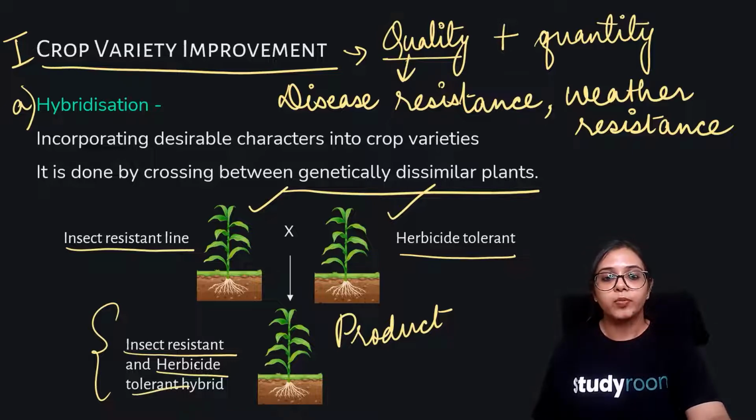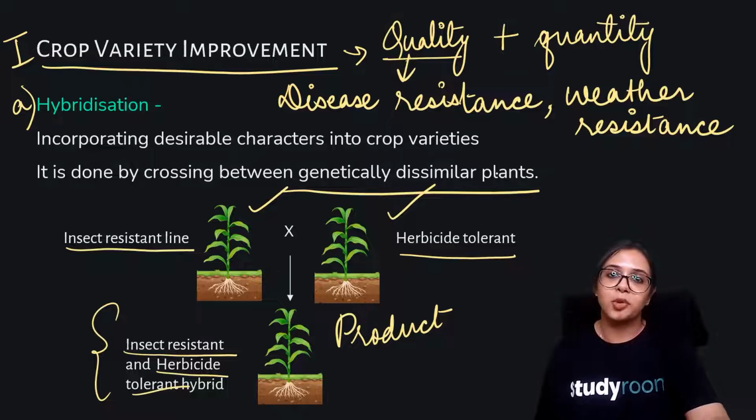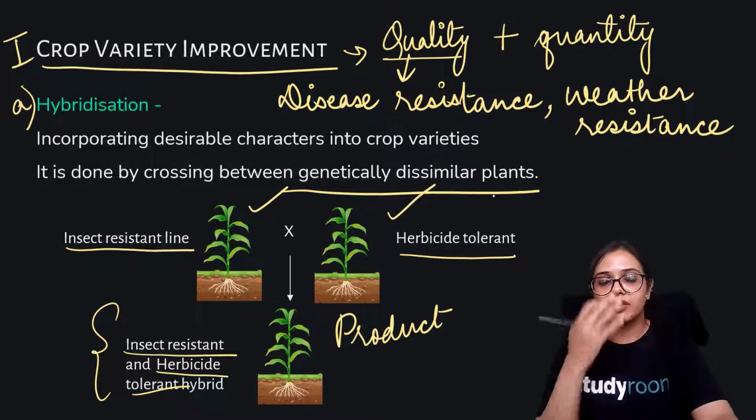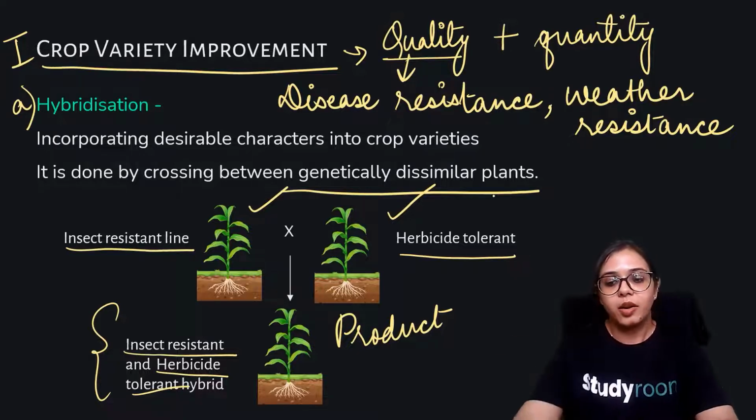So we are getting the best of both worlds. Remember this is done between genetically dissimilar plants, because if plants are genetically similar, both of them are going to be insect resistant or herbicide tolerant. It is only in genetically dissimilar plants that we observe different traits. So we are crossing them and getting a desired product.